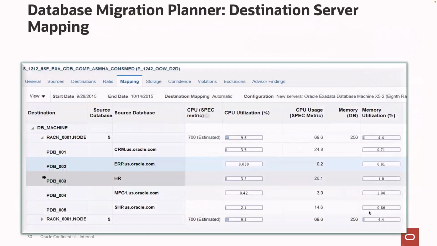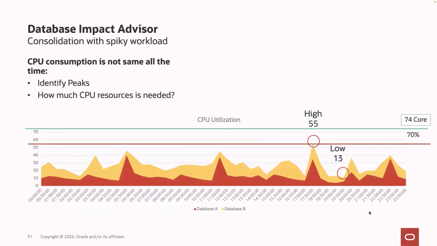We can provide the best matching, how to set up your databases, where to configure which and how many resources they need in the mapping. So here we have a set of databases, each individual database using a certain amount of resources, and we're providing details about how they will manage in the new system. But back to the database impact advisor here.